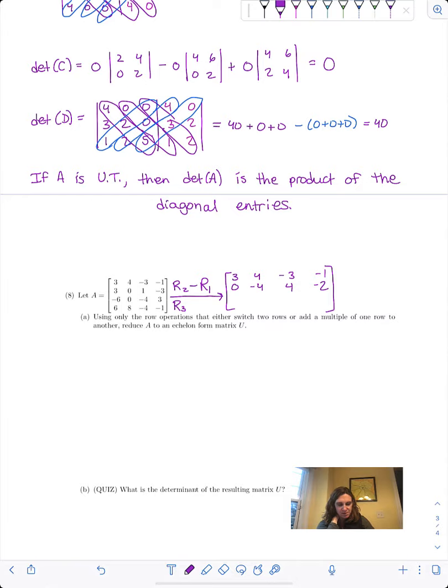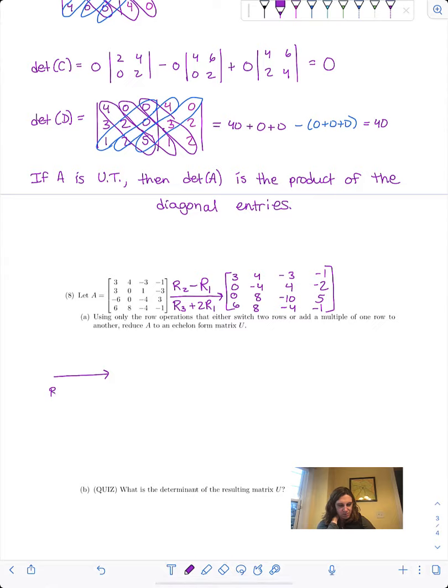So we can do row 3 plus 2 row 1. And so that gives us 0, 8, negative 4 minus 6 is negative 10, and 5. And then our last row. And let's do a little bit more. So far all we've done is row swaps.